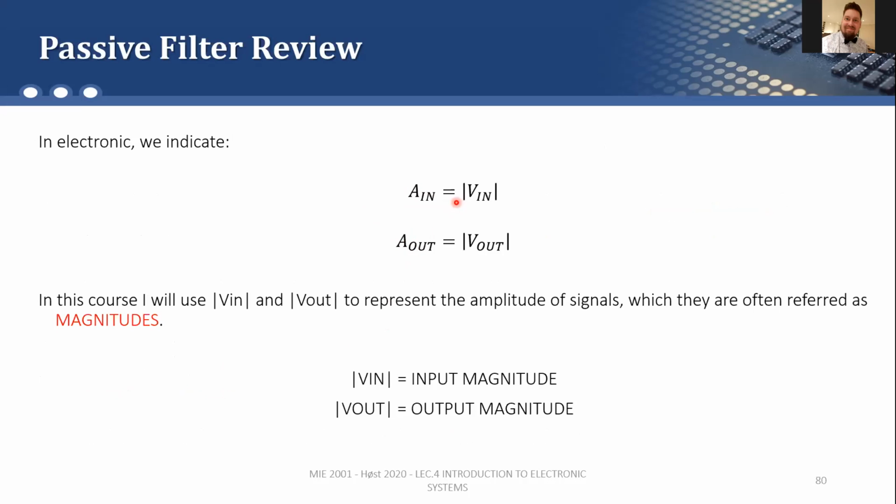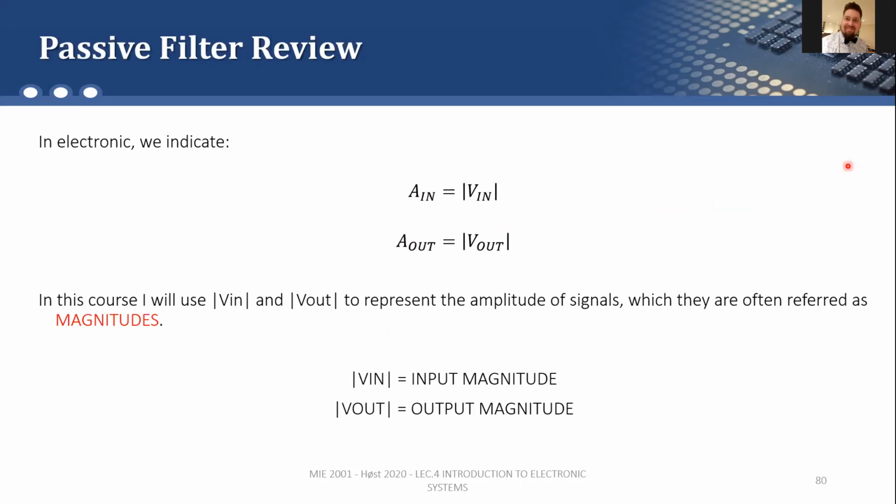In electronics, we write the signal amplitude using this symbol, the absolute value, and this also represents the magnitude.